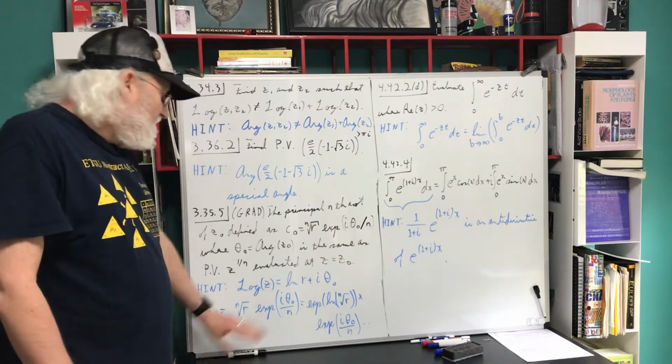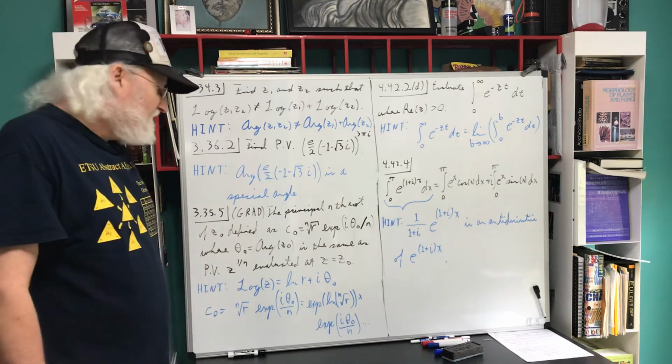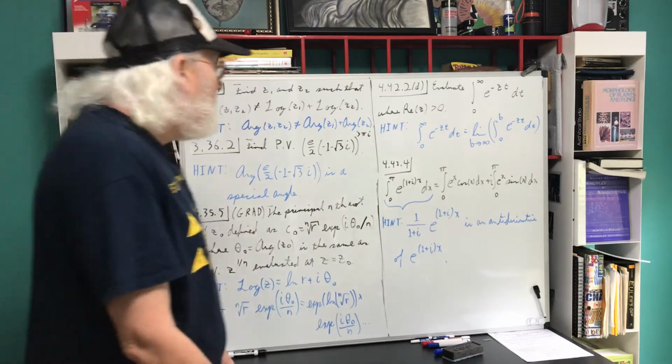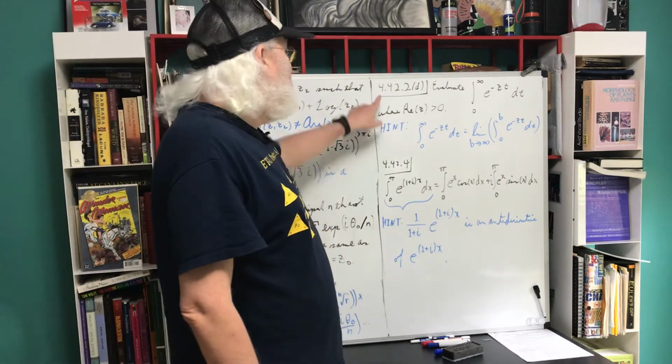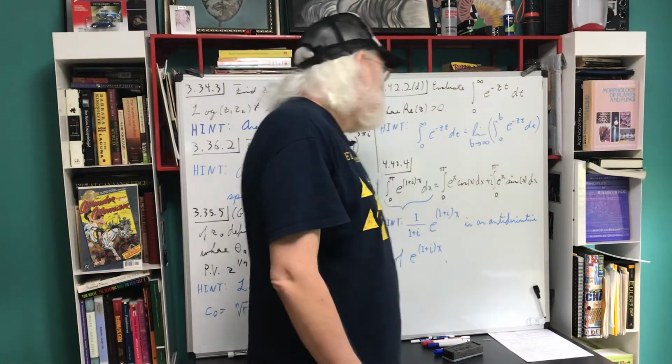So take that information and follow your nose, and you'll produce what we'd get for the principal value of z to the 1 over n. There's a principal argument right there. Big hint.